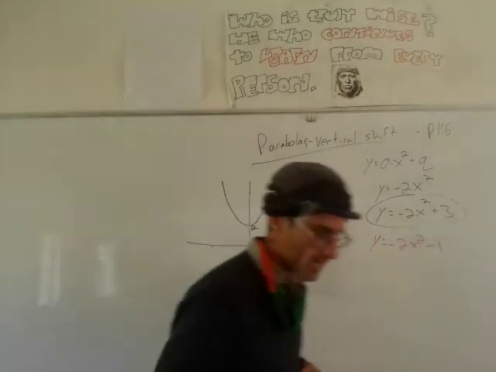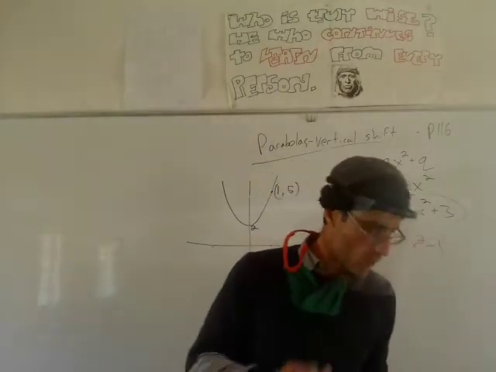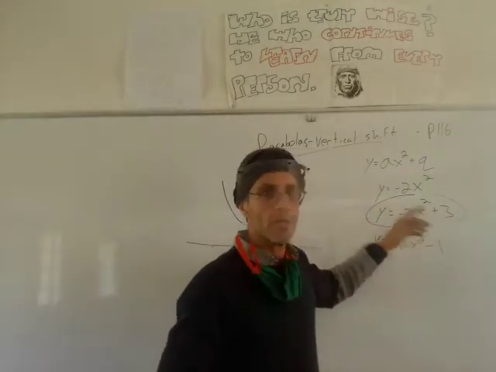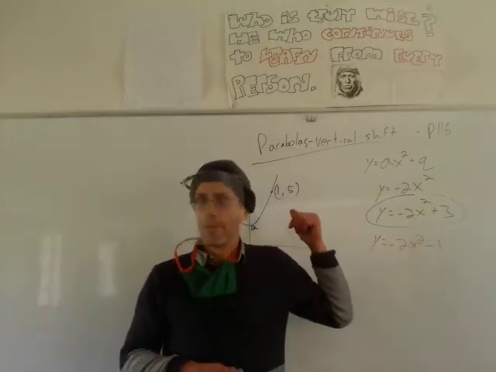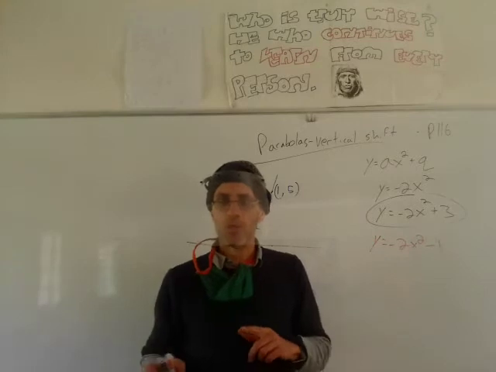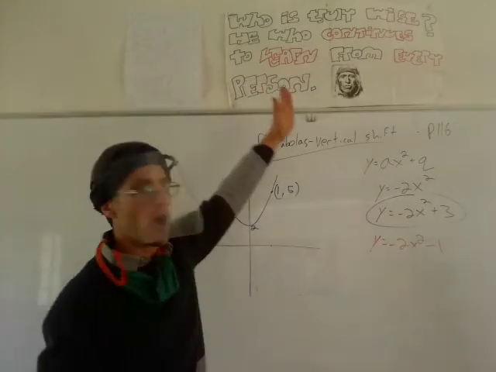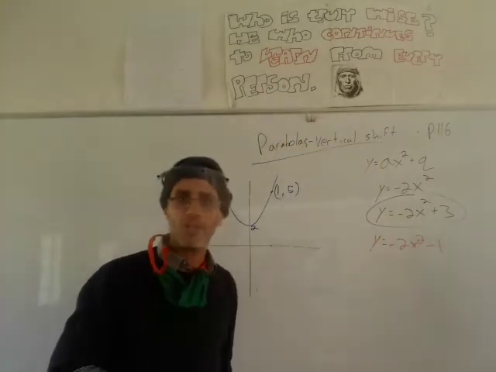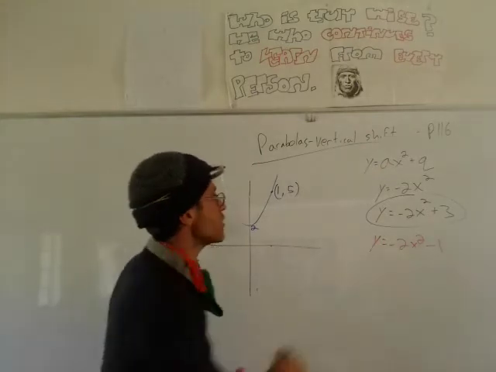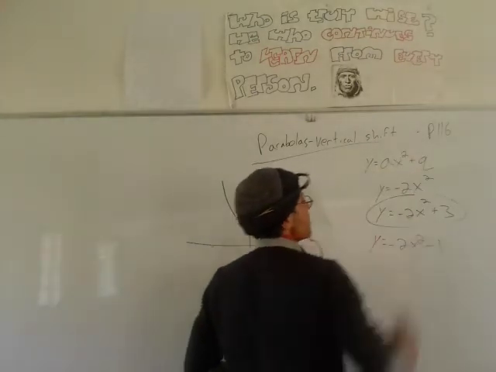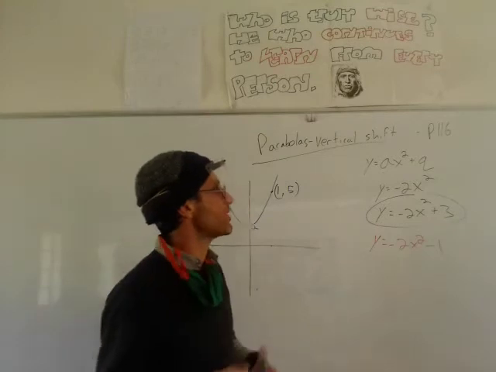In exercise 2, you've got functions and then you need to sketch a graph, but you will need to do the opposite as well. So here I've got a graph, and let's figure out the function. It will be y equal ax squared plus q.